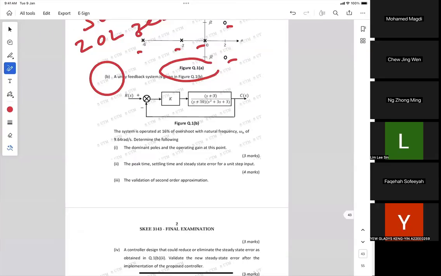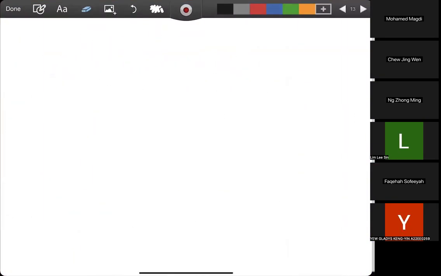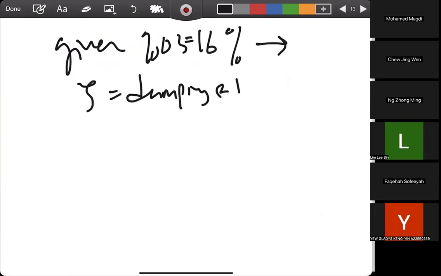So how to do it? We find the zeta first, okay? Given 16%, which will give you zeta, which is equal to, by graph, by graph.